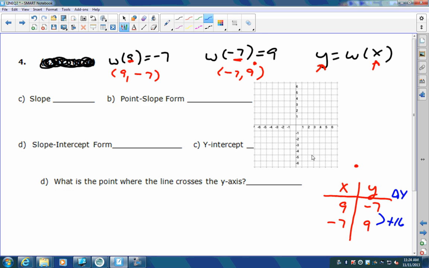No. No, it should be plus 18, right? No. It is 16. Whew. Having brain malfunctions. No, it's not. What's 9 minus negative 7? 9 minus negative 7. Mm-hmm.